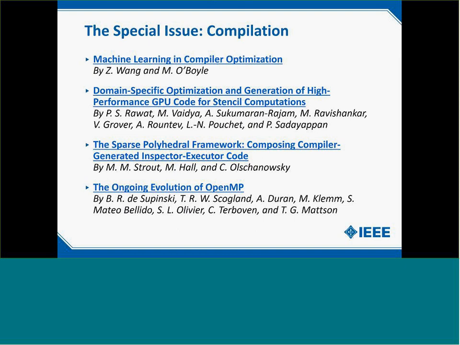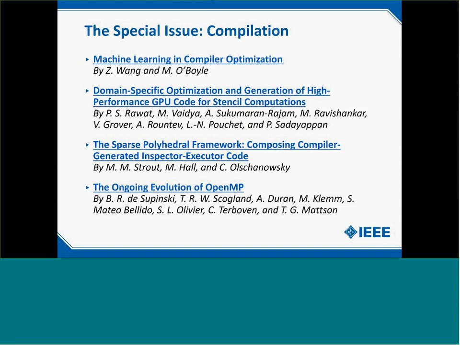One paper talks about machine learning in compilers, another paper talks about domain-specific optimization for GPU and stencil, and we have Sadaf, who is an author on that paper. Sparse polyhedral framework going beyond the standard inspector executor is a topic.